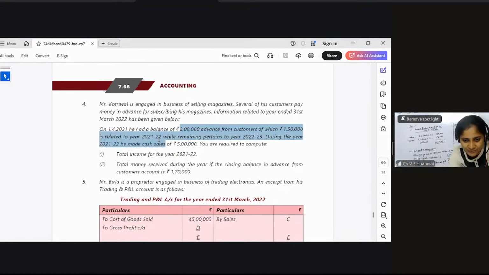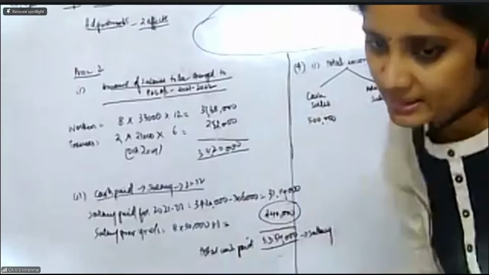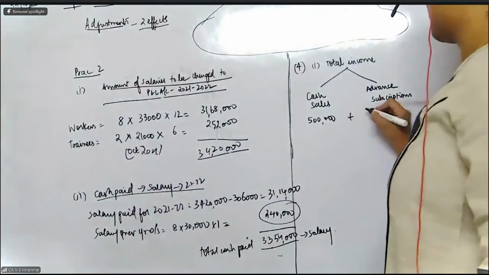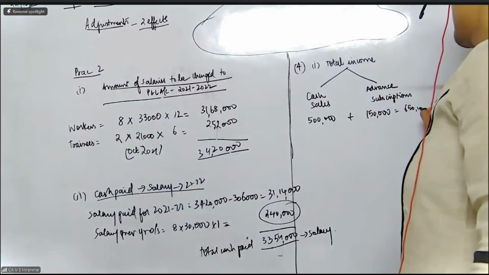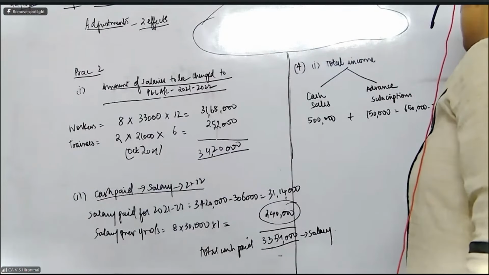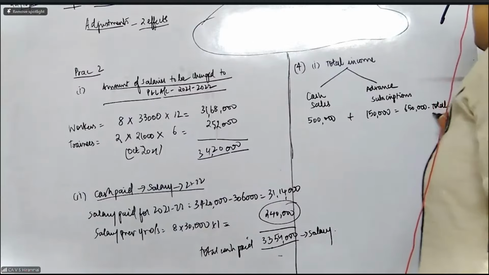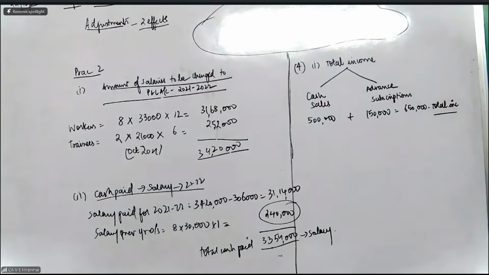Pertaining to the current period: 2 lakhs I have taken as advance, out of which 1,50,000 is for the current period. So my total income is 5 lakh for cash sales plus 1,50,000, so total 6,50,000 is my total income.